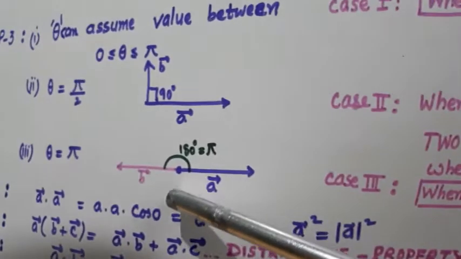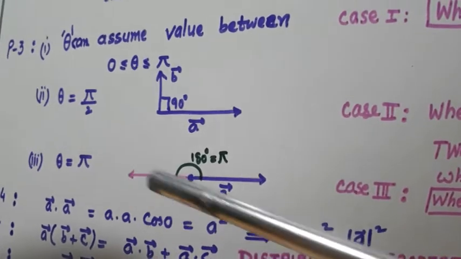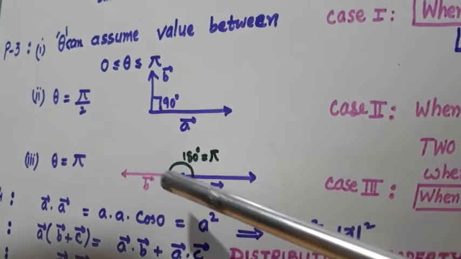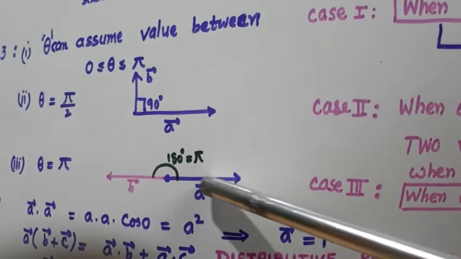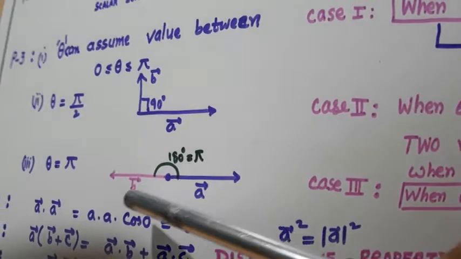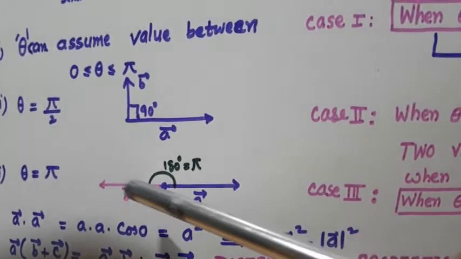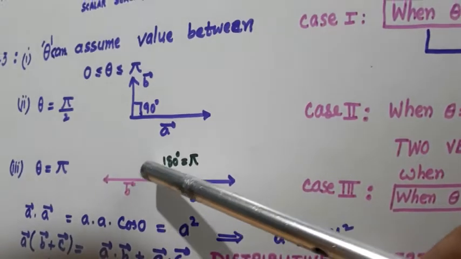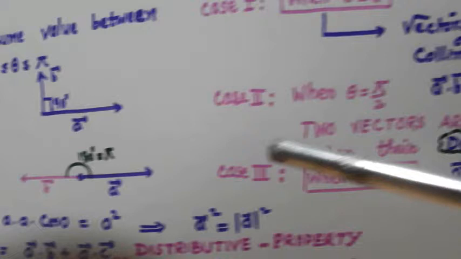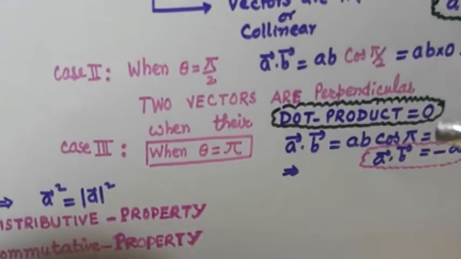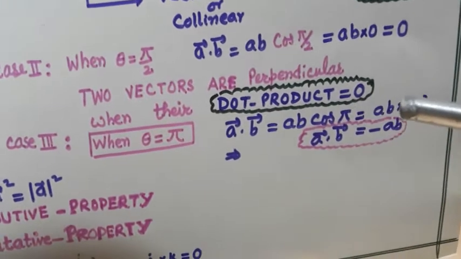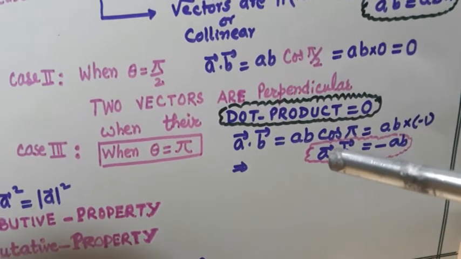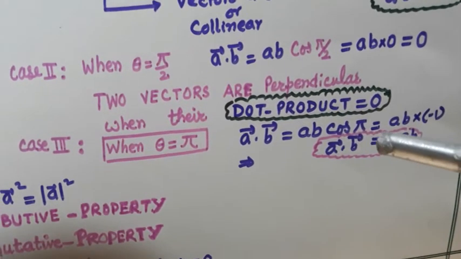Theta can be pi also. If theta is 180 degrees, the blue vector is on the right side, on the same line vector B is on the left hand side, so angle is 180 degrees. So when theta is 180 degrees, A dot B is equal to AB cos pi, and cos pi is -1, so A dot B will be minus AB.